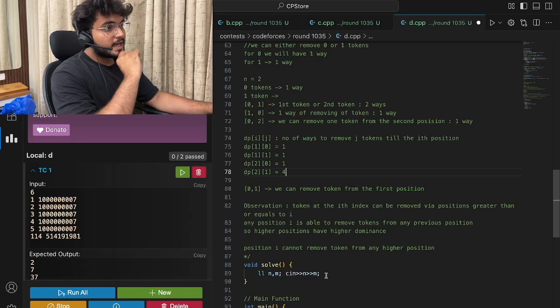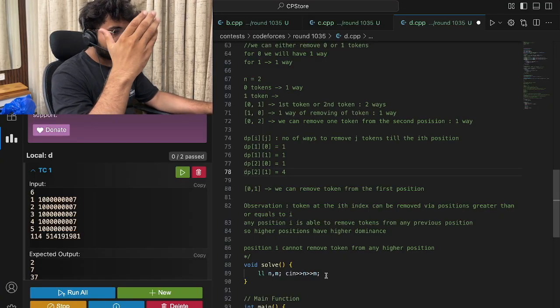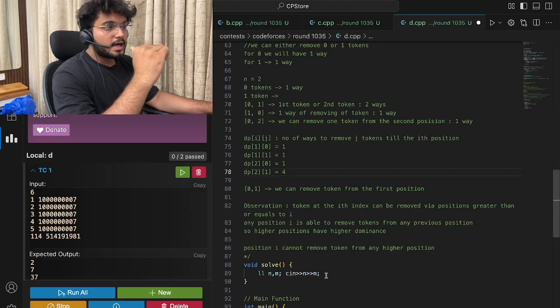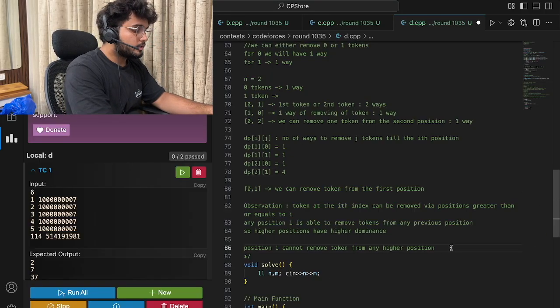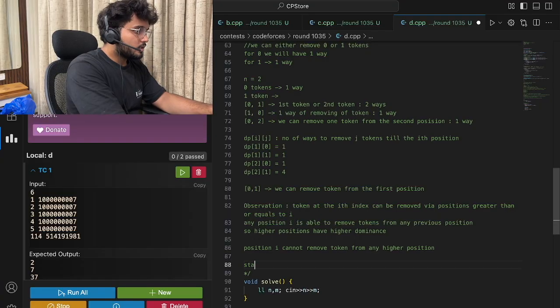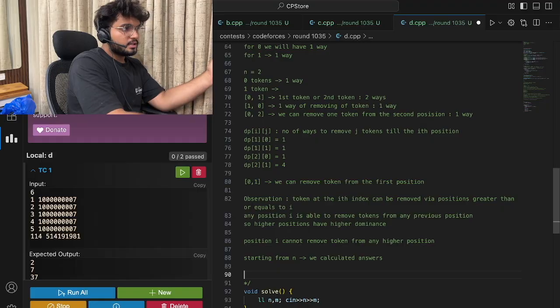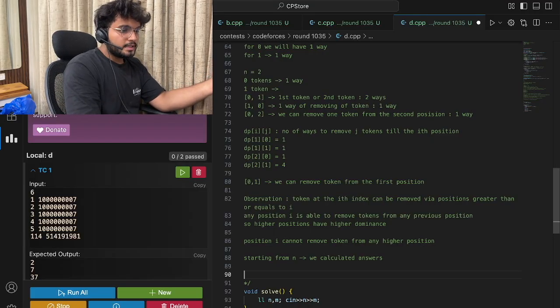And we know that when we are going back from n to 1, nothing is going to affect the answer. Let's say we start from n. We know that n minus 1, n minus 2, n minus 3 are not going to affect any answer of n, right? Because they cannot really change n. So we can go backwards, right?